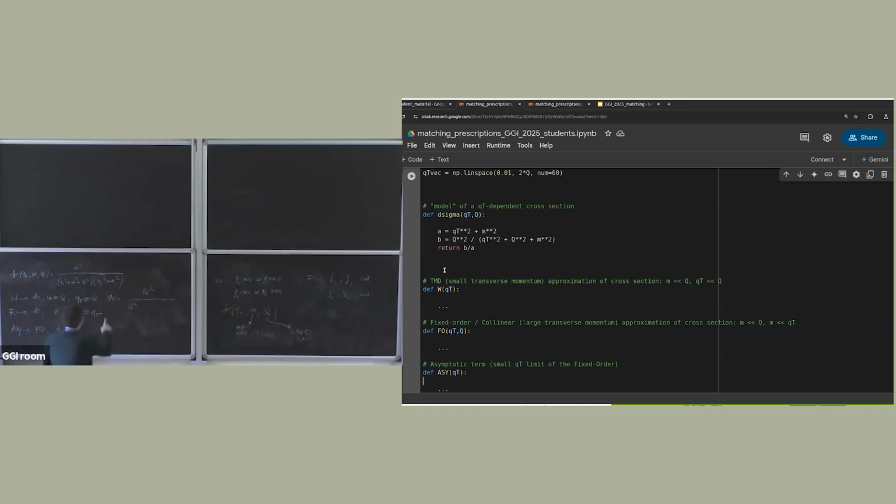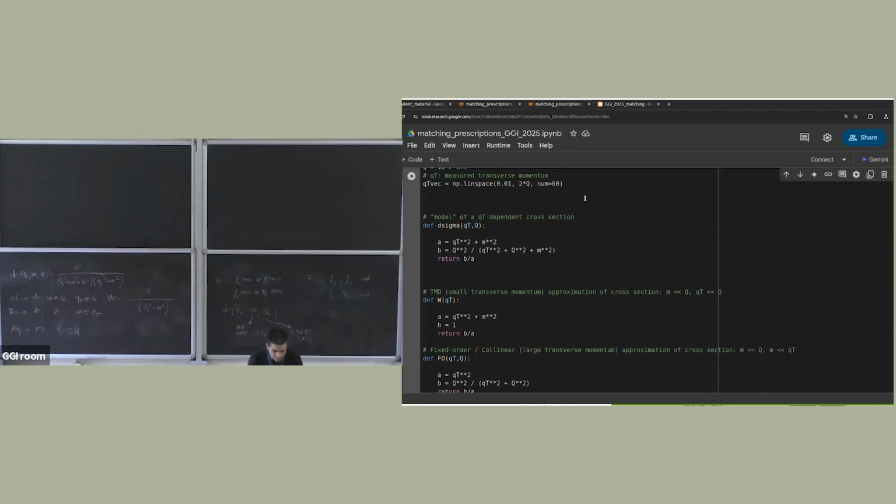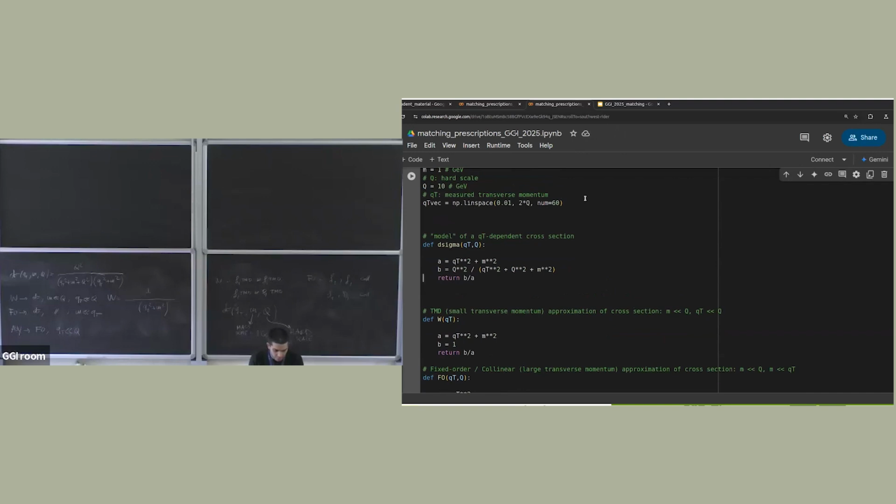And then in the second one, we keep both. So exactly, it should be 1 over Qt squared plus M squared. Does everybody agree on this? Exactly. So the W is 1 over Qt squared plus M squared.